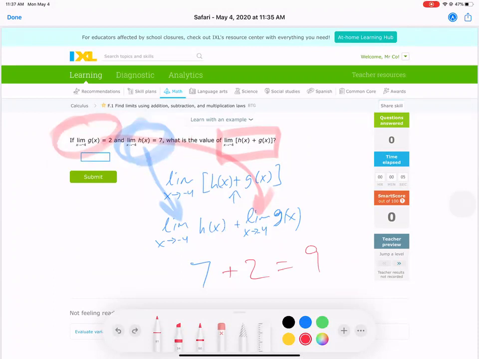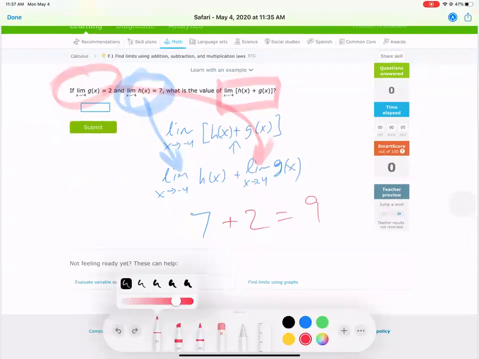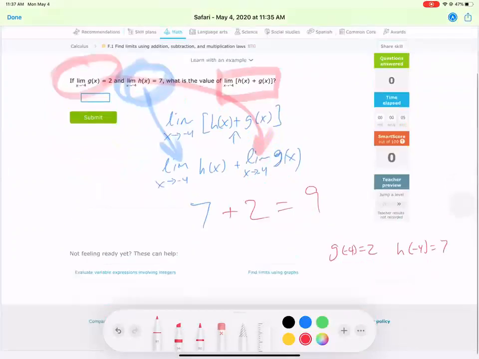Something synonymous with this would be if I wrote g of -4 is equal to 2 and h of -4 is equal to 7. What is g of -4 plus h of -4? Okay.